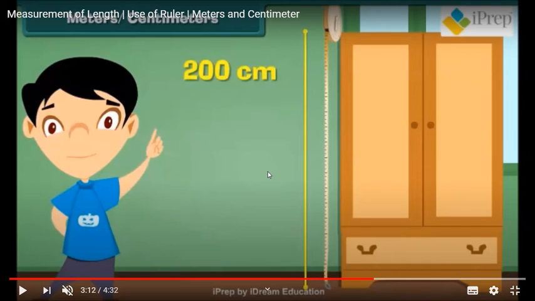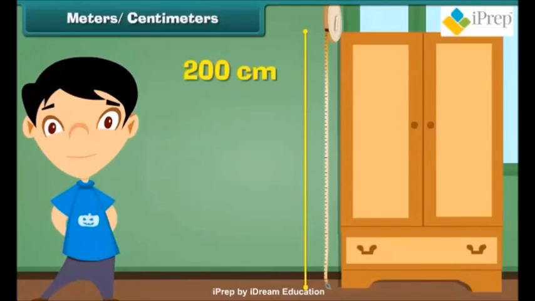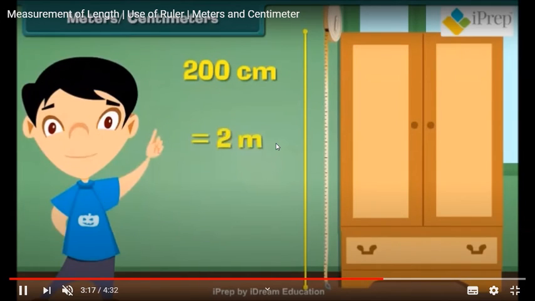The measuring tape is bigger, longer than a centimeter. The almirah height is 200 centimeter, which means 2 meter.